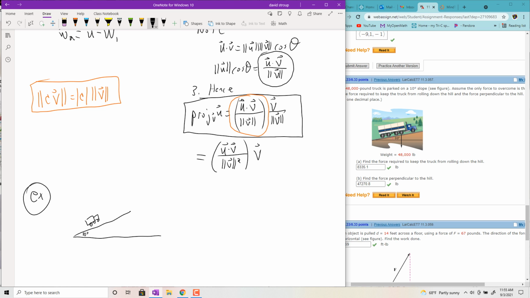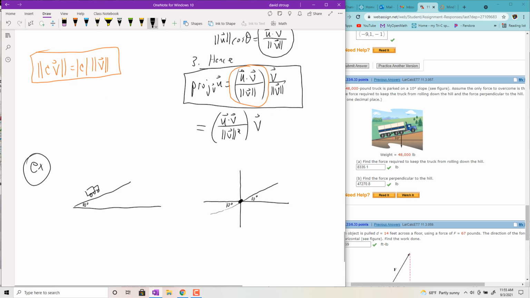So first thing I'm going to do is reorient things. I like to do this. You may not necessarily agree, but what I'm going to do is put the truck here at the origin, and then here's the hill. And this is 10 degrees, and then this will also be 10 degrees, right, from geometry.